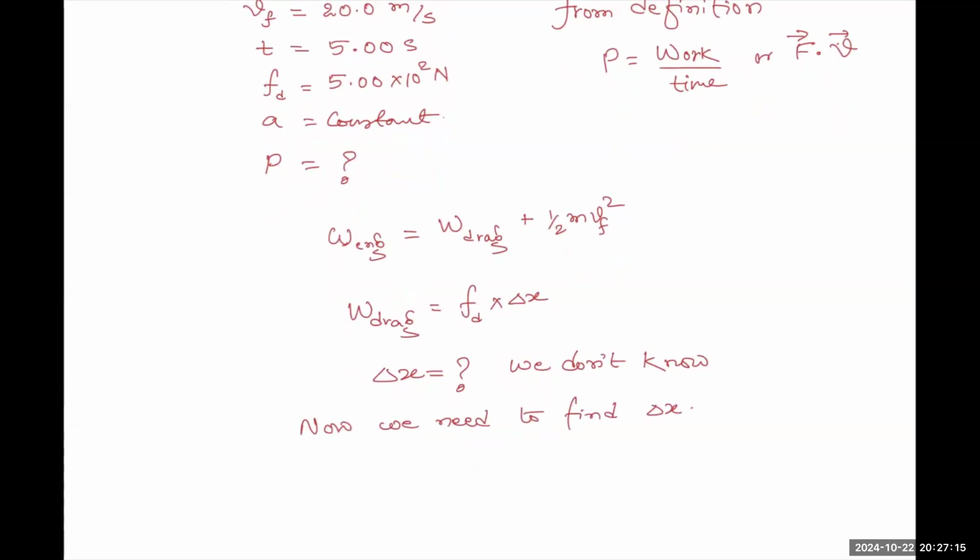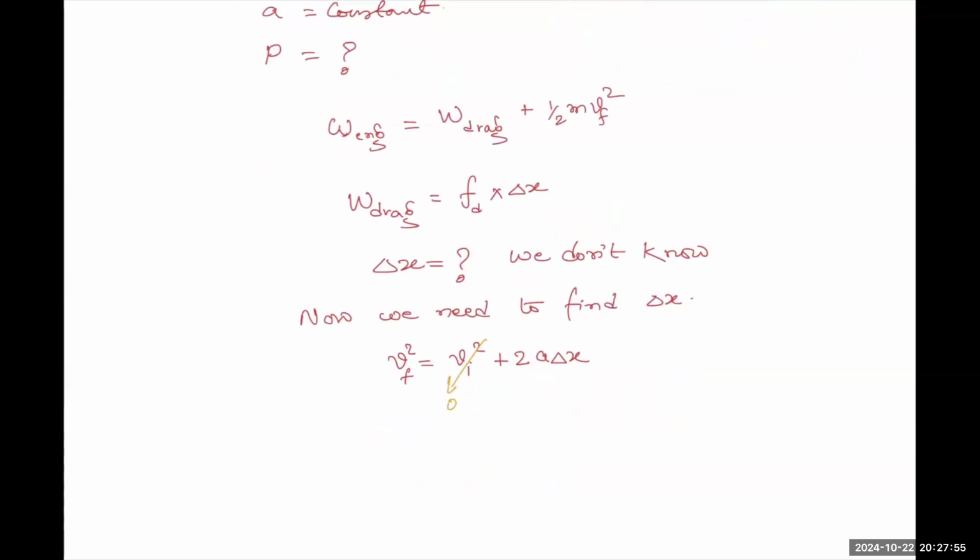We know from our definition, vf square equals vi square plus 2a delta x. That's what we know from our kinematics, right? And what is my initial velocity in these conditions? Initial velocity is nothing but 0, right?